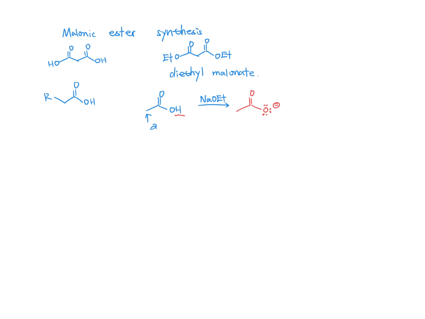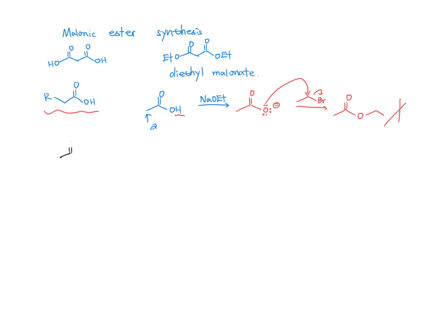You are going to get a carboxylate. And if you have an alkyl halide, for example a primary alkyl halide, you are going to have an SN2 reaction that forms another ester. So that will not achieve the alpha position alkylated carboxylic acid.